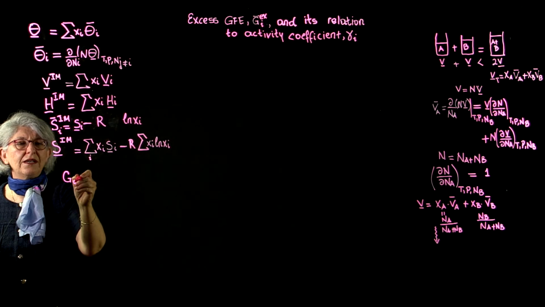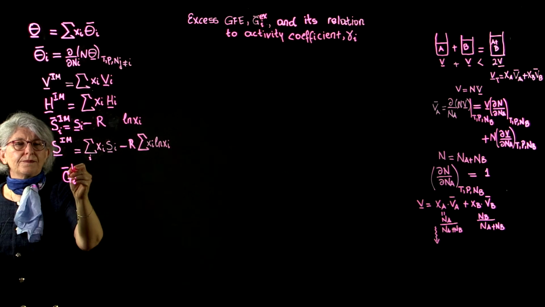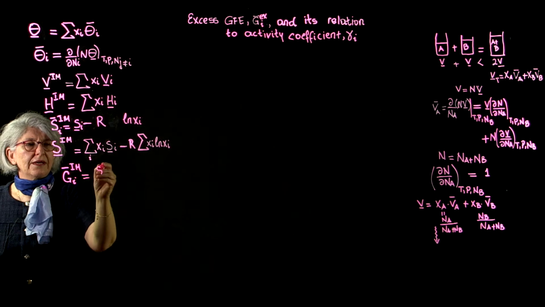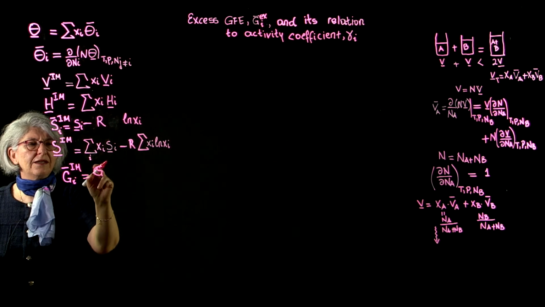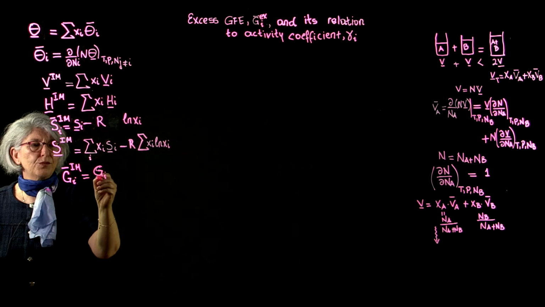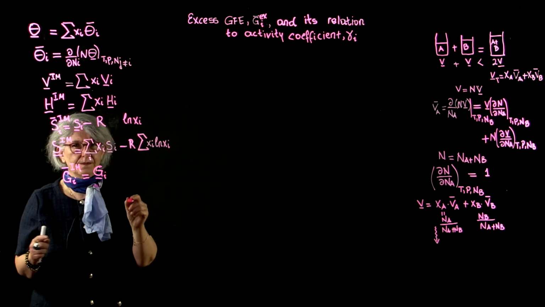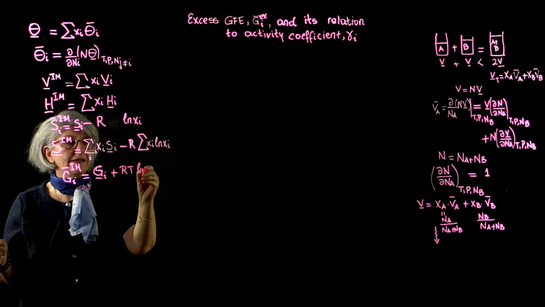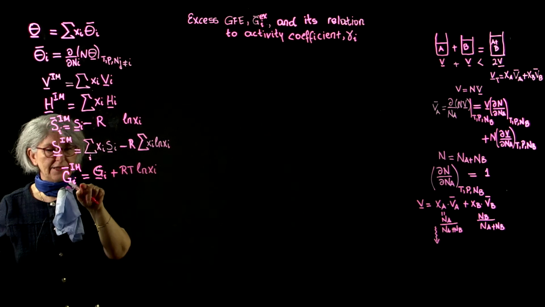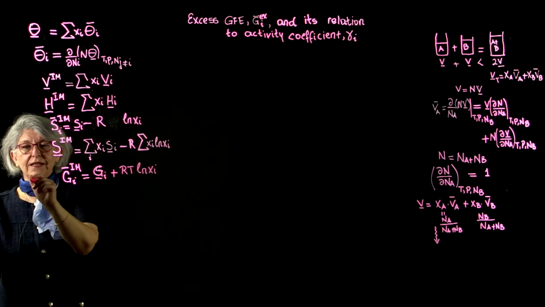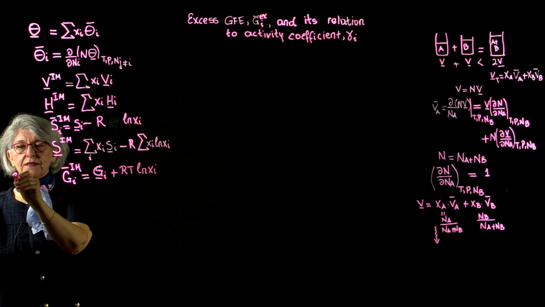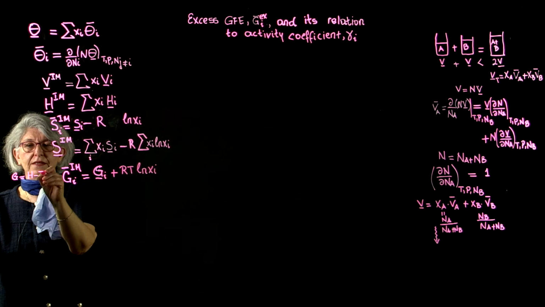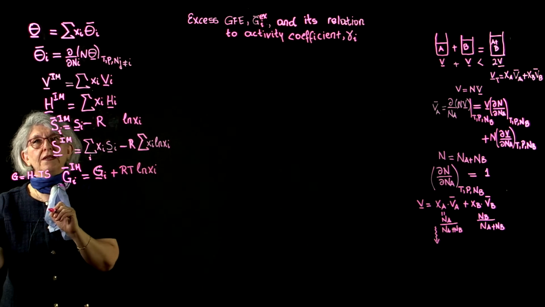So when we start from this, we can now start writing the Gibbs free energy of the ideal mixture of component i. That is going to be this times Gi, the pure component Gibbs free energy, plus this times RT ln xi. And this is due to the fact that Gibbs free energy is enthalpy minus T times entropy.